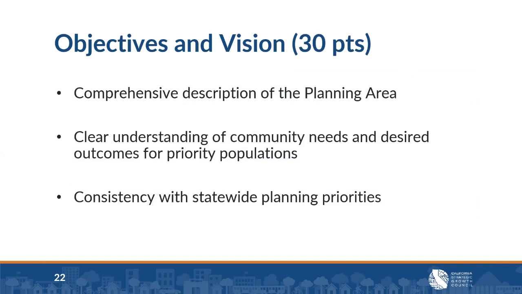Under objectives and vision, here are some things to consider in order to score the full points: a comprehensive description of the planning area, clear understanding of community needs and desired outcomes for priority populations, and consistency with statewide planning priorities.